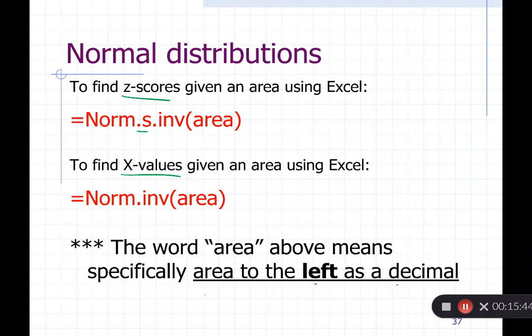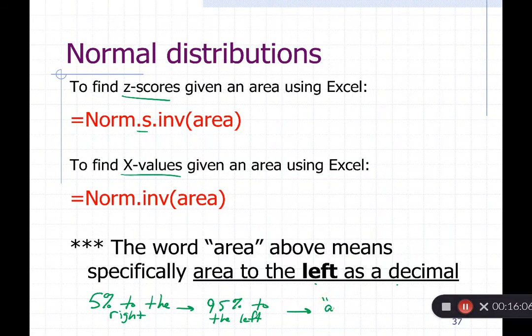So for 95%, so in the previous example, 5% to the right, that means 95% to the left, which means the area in the functions up here, this area, is equal to 0.95.